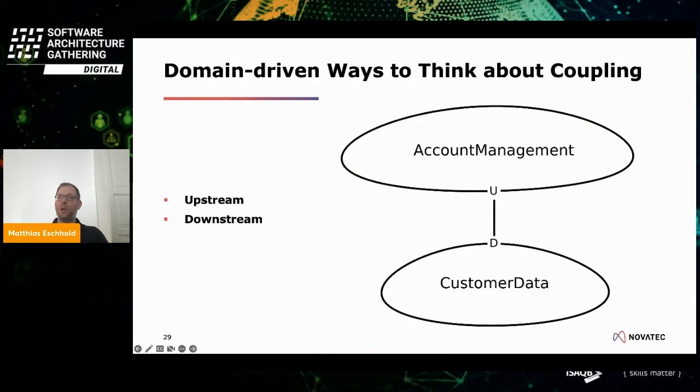When we think about relationships between bounded contexts, we use roles called upstream and downstream. Actions of an upstream context will have an effect on the downstream team or context, but actions of the downstream do not have a significant impact on the upstream.